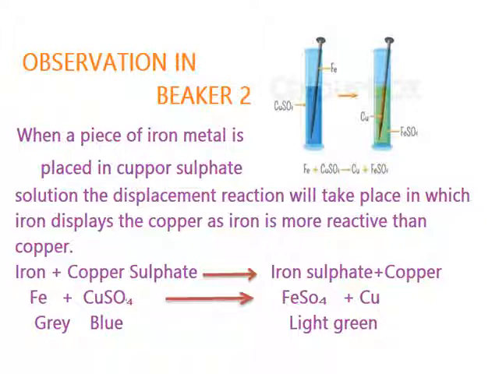So in the first beaker we have seen a displacement reaction taking place. In the second beaker also there is a displacement reaction. Let us see the reaction in the remaining beakers.